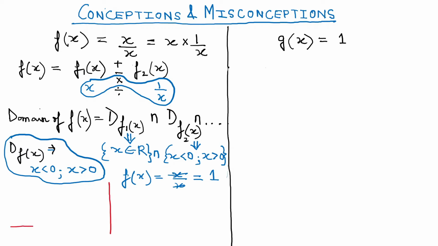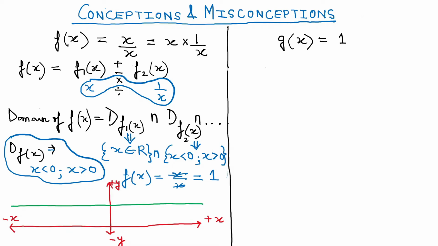the graph that I'm going to draw here is, let us say this is the positive hand of x-axis, this is the negative hand of x-axis, positive hand and the negative hand of y-axis. Okay, so now let me make the graph f(x) is equal to 1, but we know that x is less than 0 and x is greater than 0.